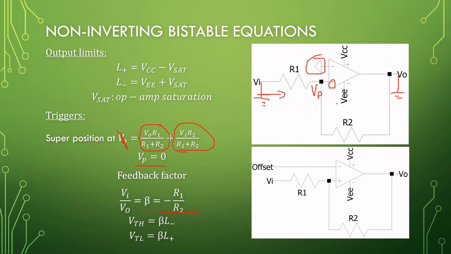So this is the wrong way around in terms of an inverting amplifier for the resistor ratios. The feedback factor is determined by these two resistors. Then, if you want to apply offset, you can just add it here on the negative terminal of the amplifier.